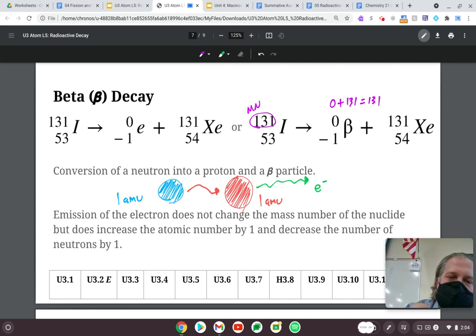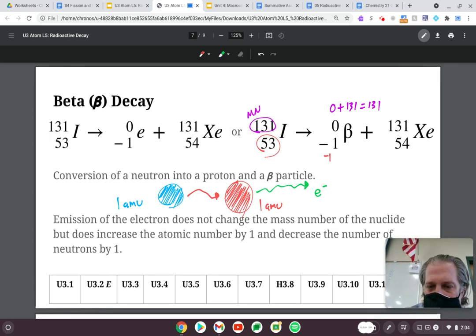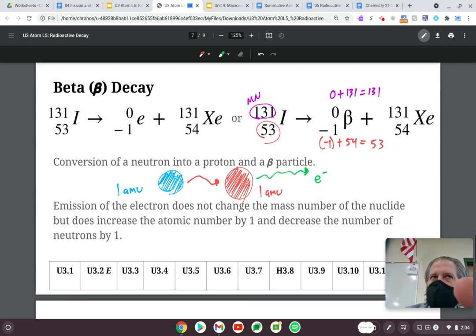And then my atomic number on the bottom, this is where things get a little hairy. If I have 53 on the left side, -1 plus 54 equals 53.